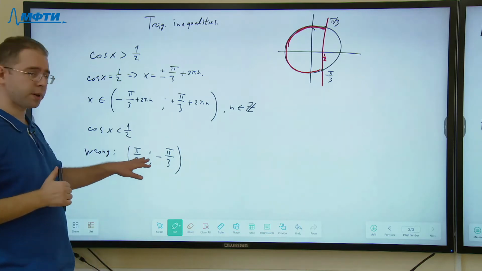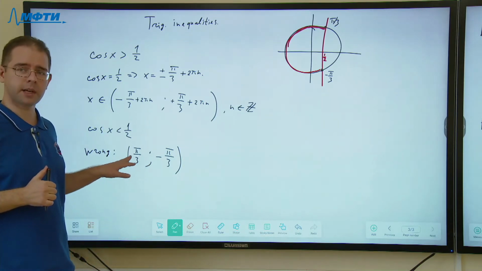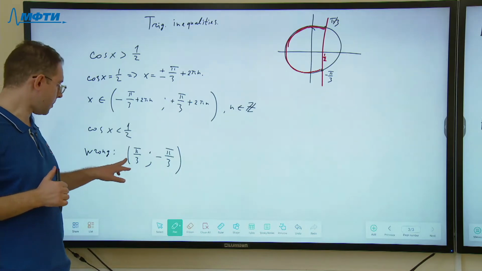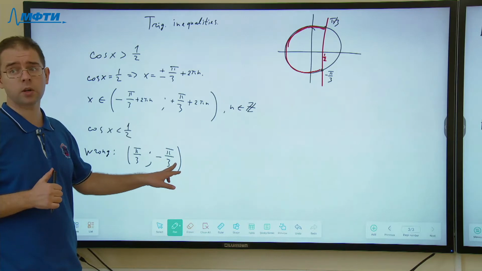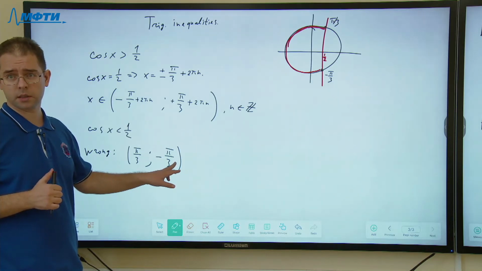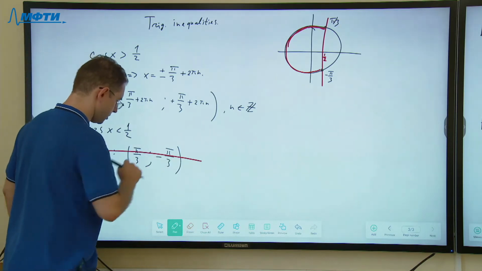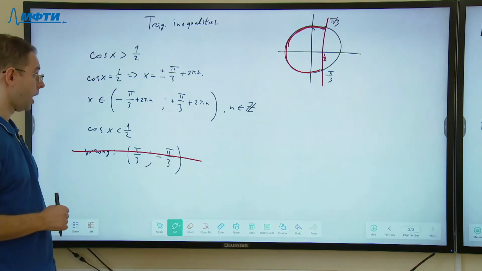Yes, this expression says that this is a set of numbers that are bigger than pi by 3 but smaller than minus pi by 3. There are no such numbers. So this is wrong. We will not write it down like this.